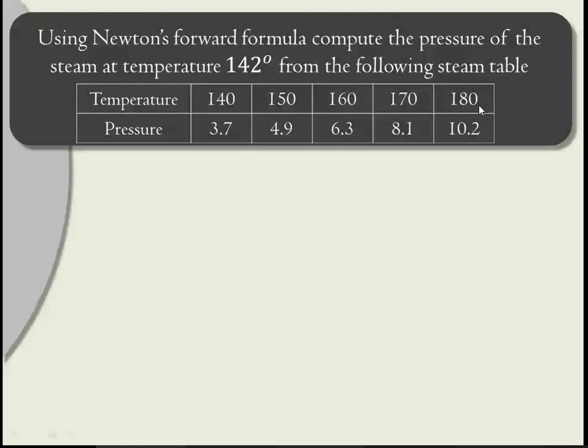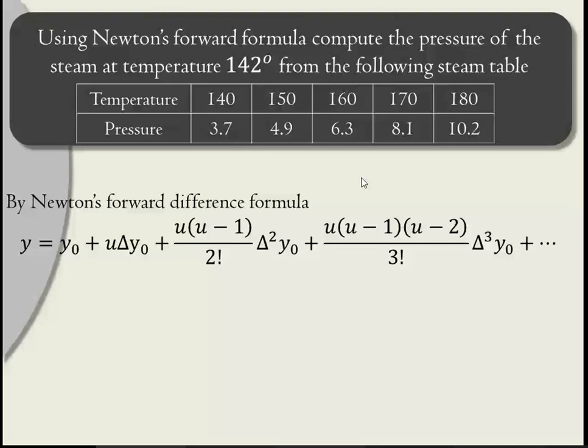Now just recall the formula, Newton's forward difference formula. Last time we took this formula: y is equal to y0 plus u into delta y0 plus u into (u minus 1) by 2 factorial delta square y0 plus u into (u minus 1) into (u minus 2) by 3 factorial into delta cube y0 plus and so on.